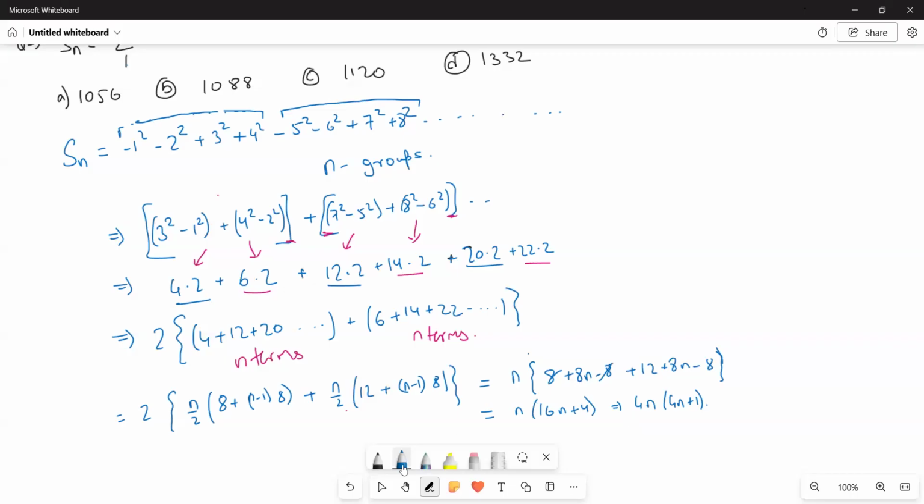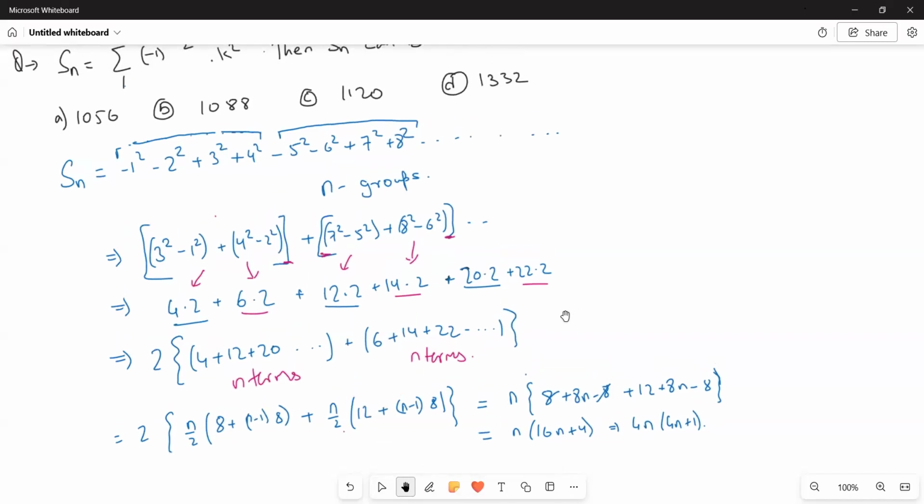We have to check that among the following options given, which of it can be expressed as 4n into (4n plus 1). तो कौन सा आ जाएगा 4n into 4n plus 1 में? तो 1056 as a product of, also notice 4n and 4n plus 1 are like 2 consecutive integers.